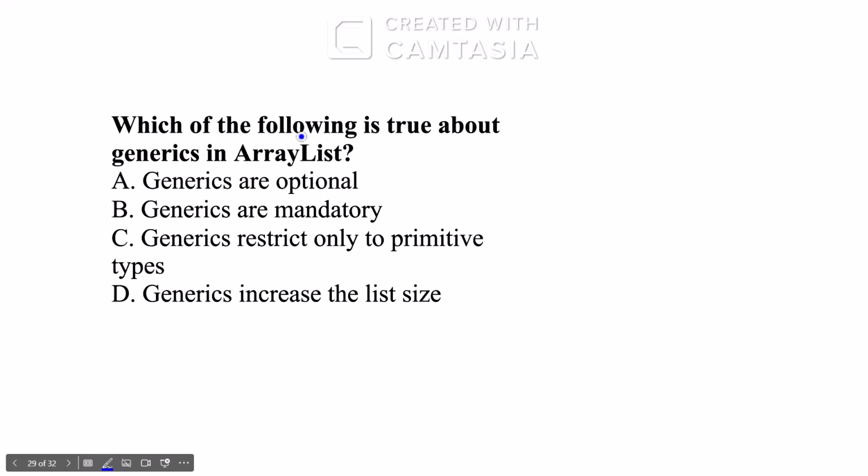Which of the following is true about generics in array list? What the generics will do, actually, the generic concept, always you have to correlate with wrapper classes. We have a lot of data structures as a class in Java. All data structures are created as a class in Java.